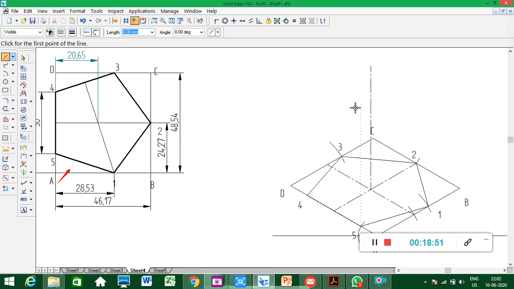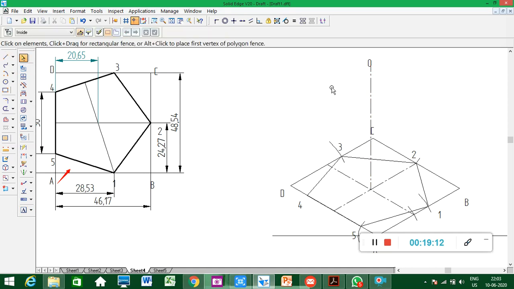Okay, this I'll draw. This is the apex point now. This is my apex here. If you want for your understanding, I'll name it as O. Okay. Now from here, this is the apex.